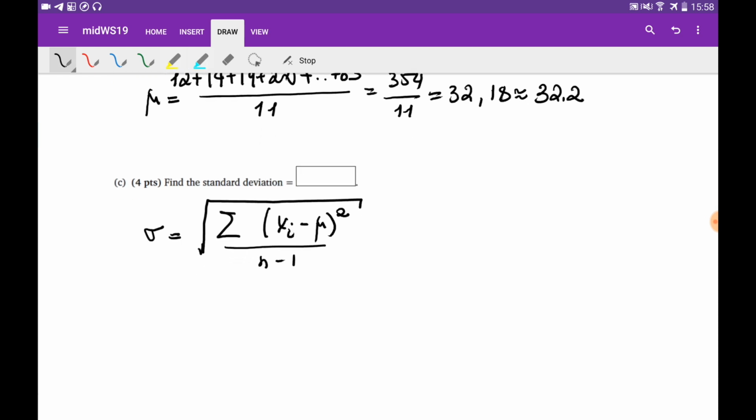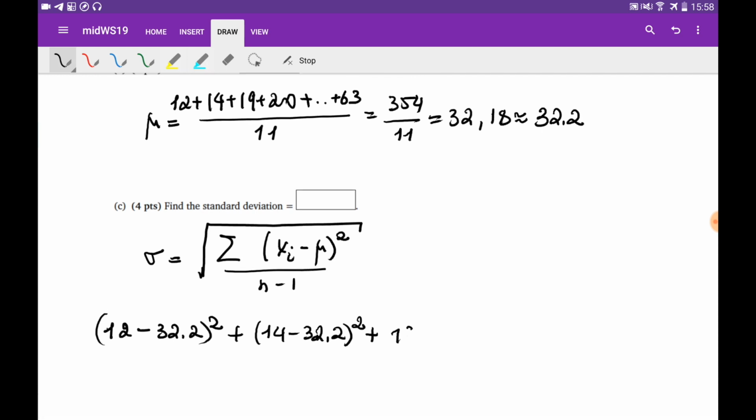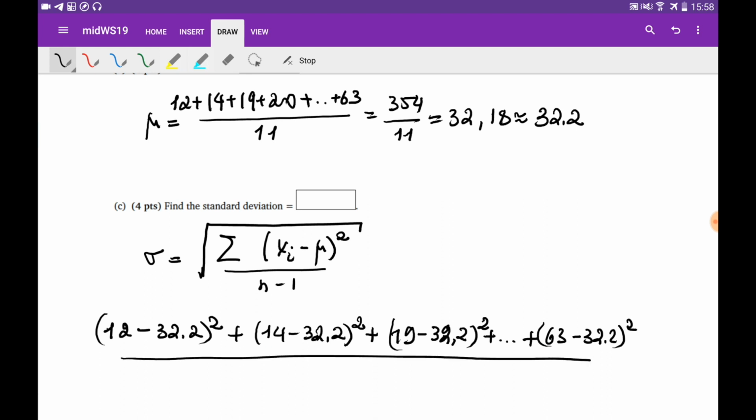I will show you for the first data point: it's going to be 12 minus 32.2 squared, plus 14 minus 32.2 squared, plus 19 minus 32.2 squared, and so on, plus 63 minus 32.2 squared, and we have to divide everything by 10 and then take the square root.